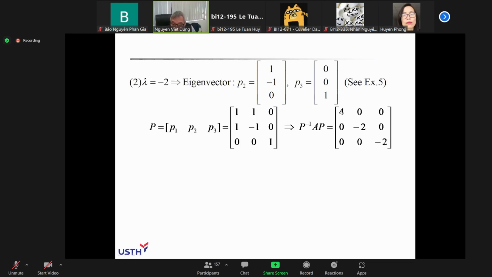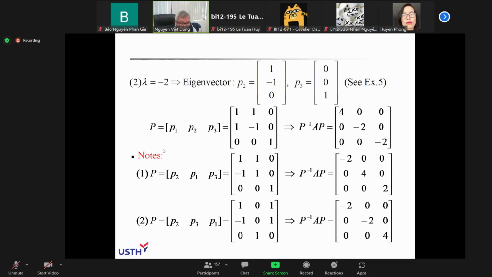The entries lying on the main diagonal are the eigenvalues of A. And I put a remark here for you. Here you put P1, P2, P3. Then the eigenvalues appear on the diagonal like that.